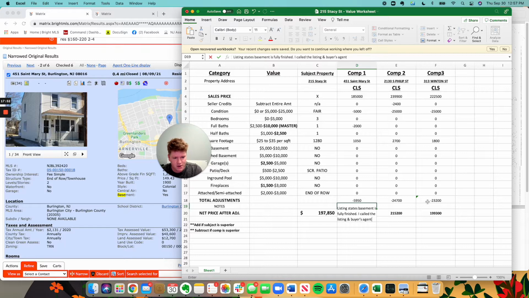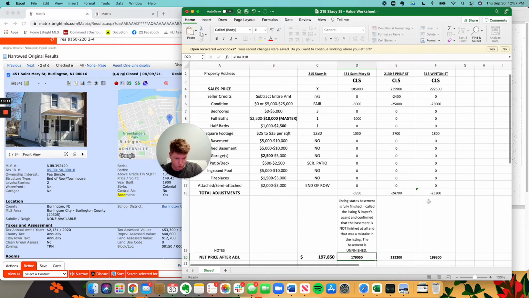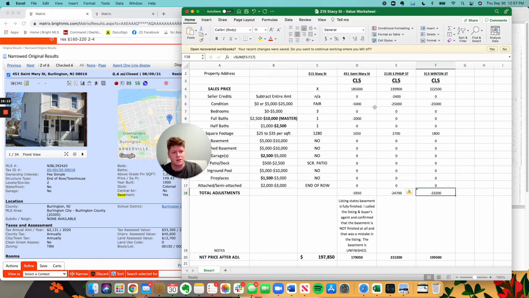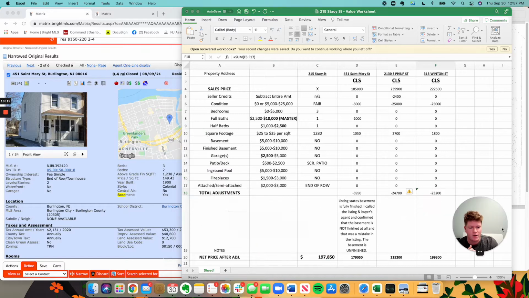I called the listing and buyer's agent and confirmed that the basement is not finished at all, and that was a mistake in the listing. The basement is unfinished. That just right there could have cost $10,000 in value in this consideration here. So I'm really glad I made those calls. Now I can explain that to the lender and the appraiser, and that will be helpful for us.